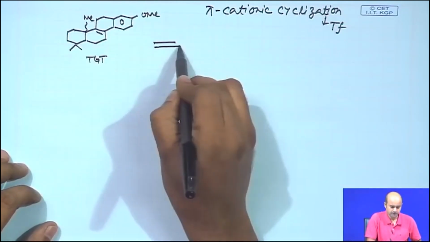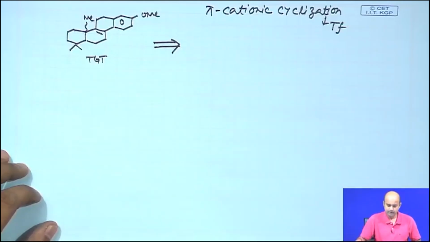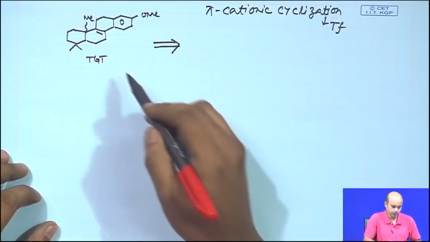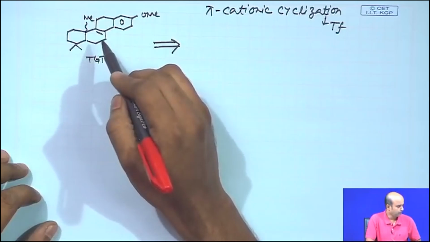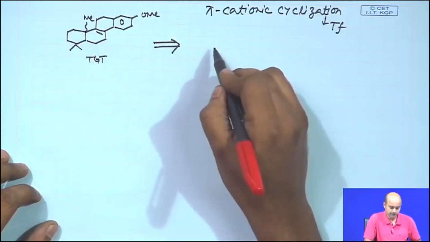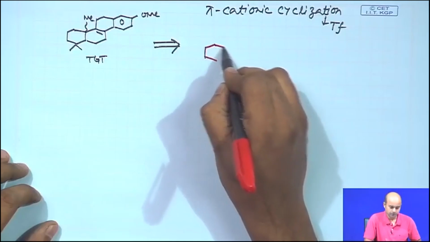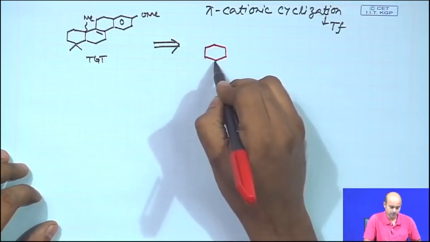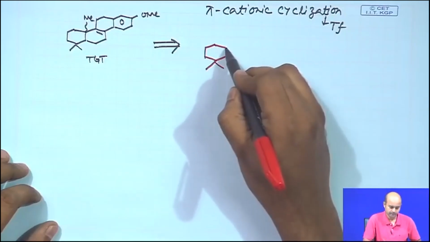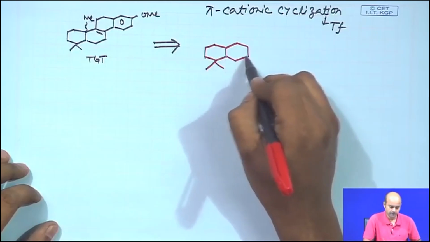We initially draw a retrosynthetic arrow and show you what possible bonds will be disconnected. First, let us draw the core structure, keeping these things in mind.